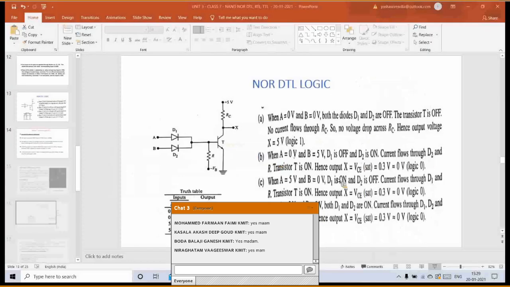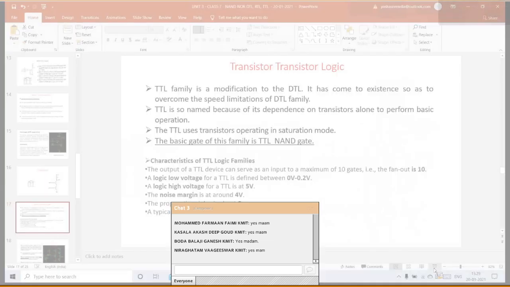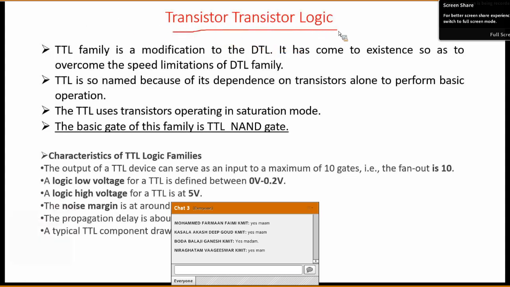Okay, so the next one, TTL, transistor-transistor logic.